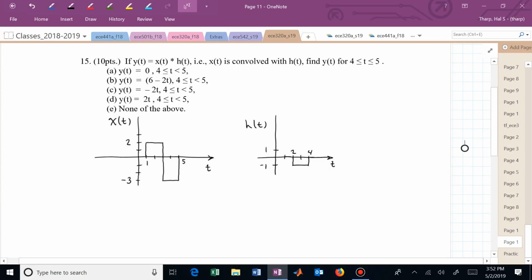Well, what are we doing with x? We don't even hit this system until 1, and once we hit it, when do we see something? 2 units later. So when would you expect to see something at the output non-zero? 2 units beyond 1, so 3. So you would expect to see a non-zero y starting at 3. Is that clear?